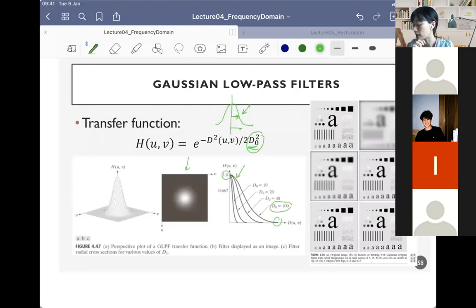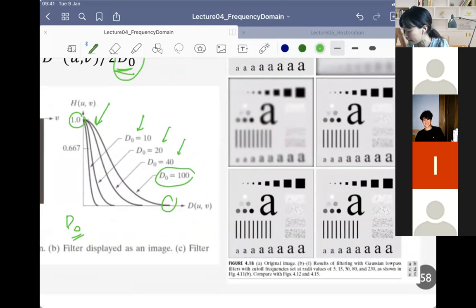So for the Gaussian filter, you have only D0 to decide which frequencies you want to pass through the filter. Similar to Butterworth, this is the original image. And when you pass it with the cutoff frequency, the cutoff frequency here is again 5.